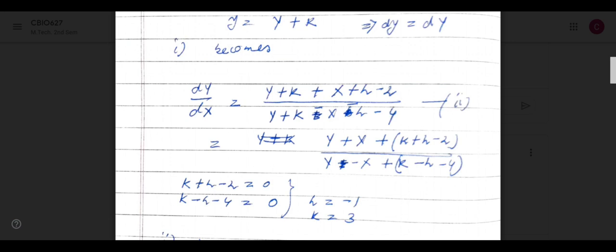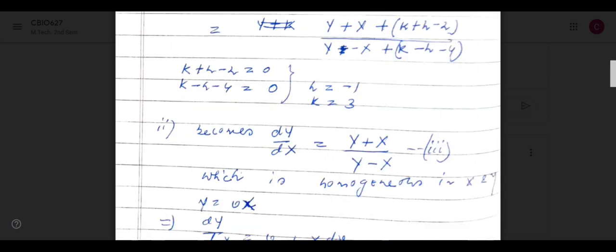Got it? Equation 1 to equation 2. Yes, ma'am. So then what we have to do? k plus h minus 2 that part and k minus h minus 4 that part, both you have to consider 0. Then you have to find out what is k and h.